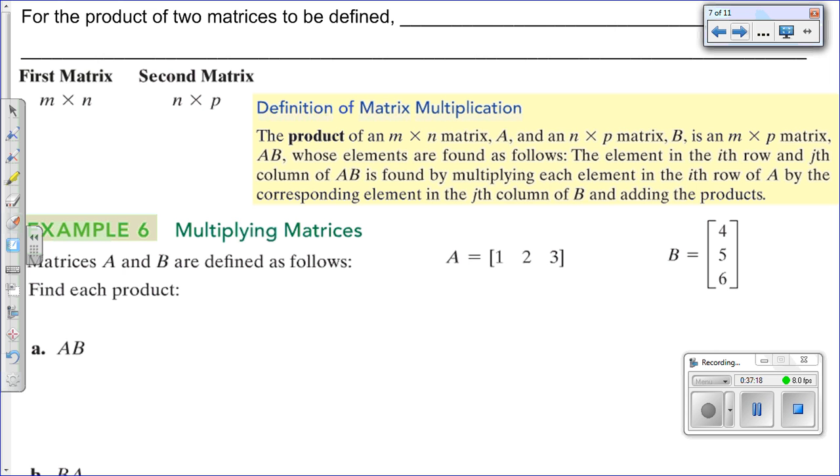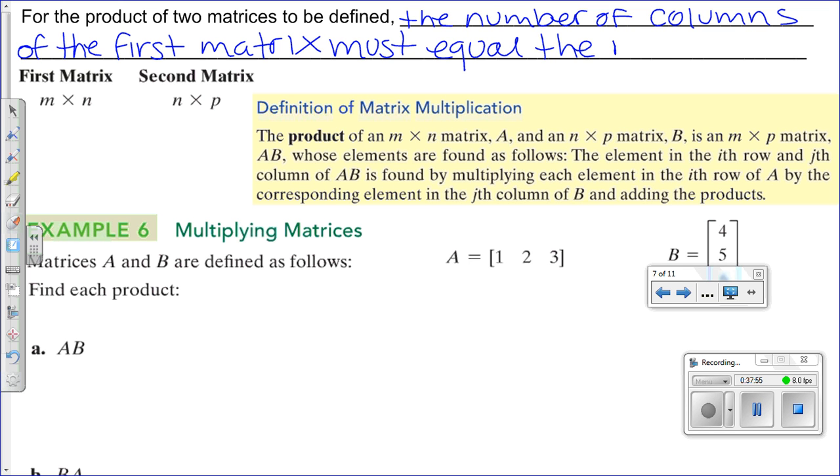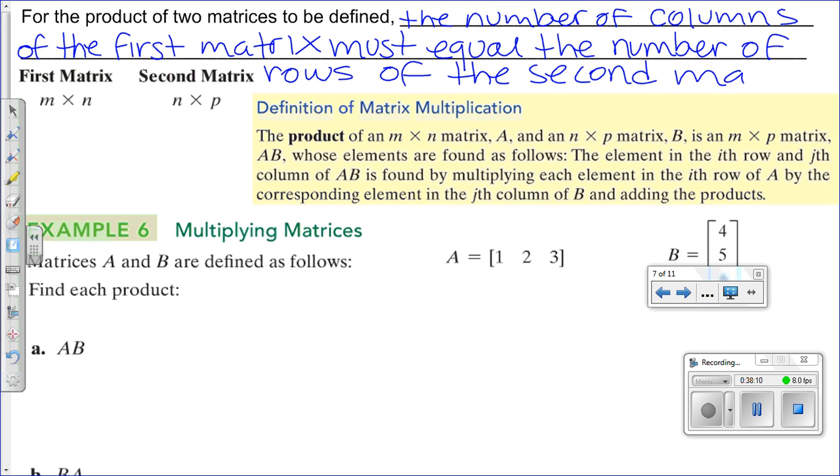Okay, now for the product of two matrices to be defined, the number of columns of the first matrix must equal the number of rows of the second matrix.